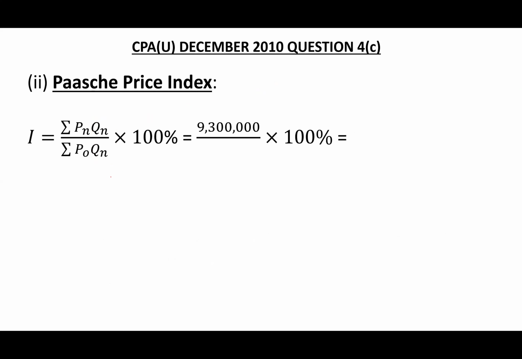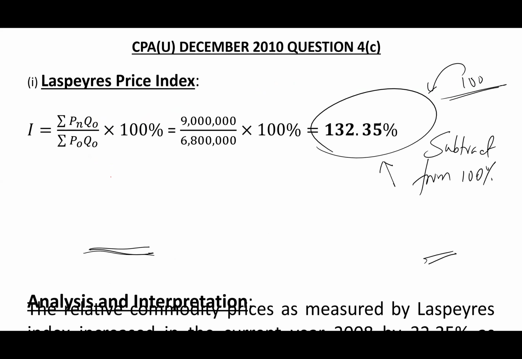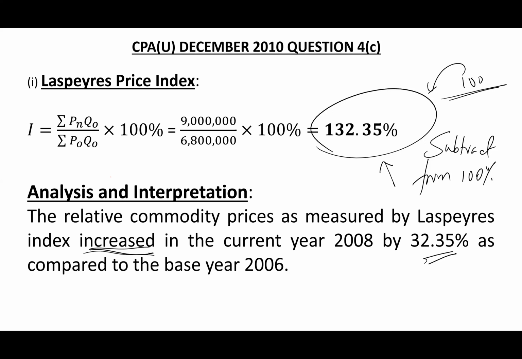If you look at Laspeyres' formula critically, this one here, Laspeyres uses base year quantities as the weights.